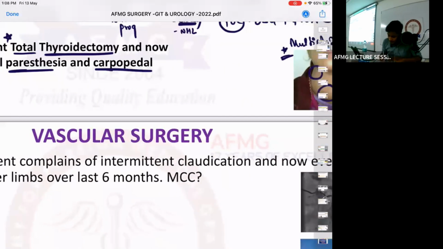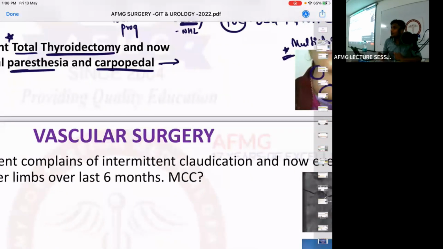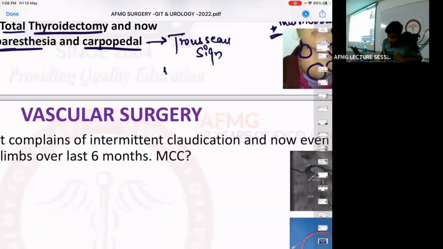Carpopedal spasm is known as which sign? It is also known as which hand? This was a question. It is also known as obstetrician's hand. So carpopedal spasm is known as Trousseau's sign, and the hand is the obstetrician's hand.